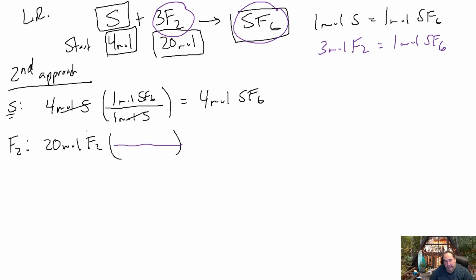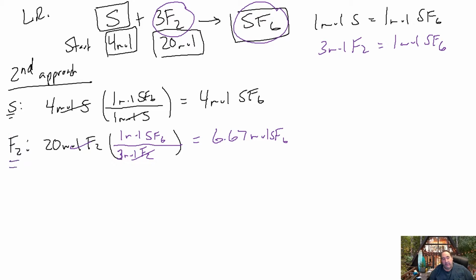Doing the exact same calculation here, 20 divided by 3 gives us 6.67 moles of SF6.